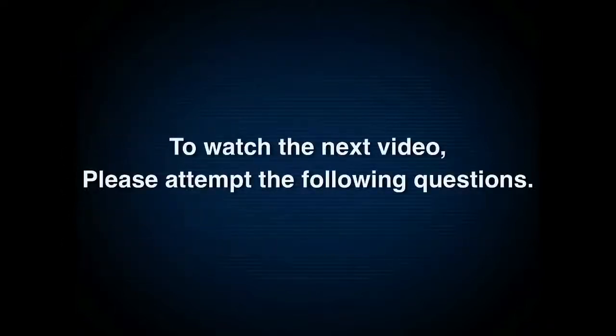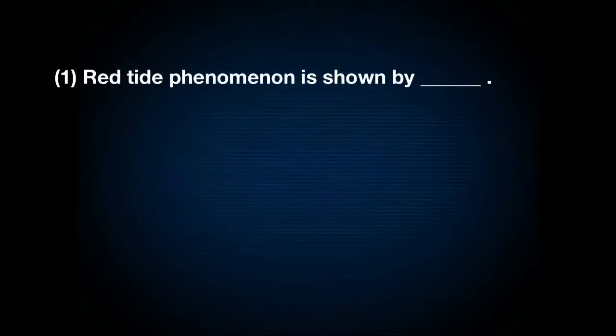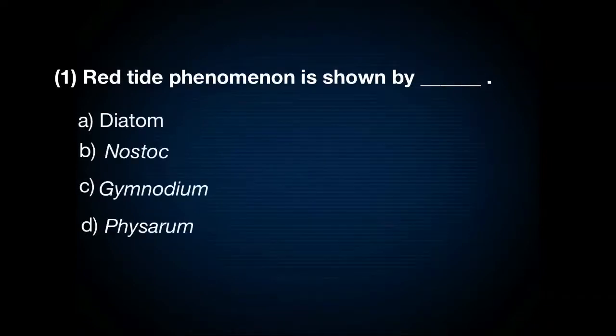To watch the next video, please attempt the following questions. Question number 1. Red tide phenomena is shown by option A, diatoms, option B, nostoc, option C, gymnodinium, option D, physarum. Question number 2.